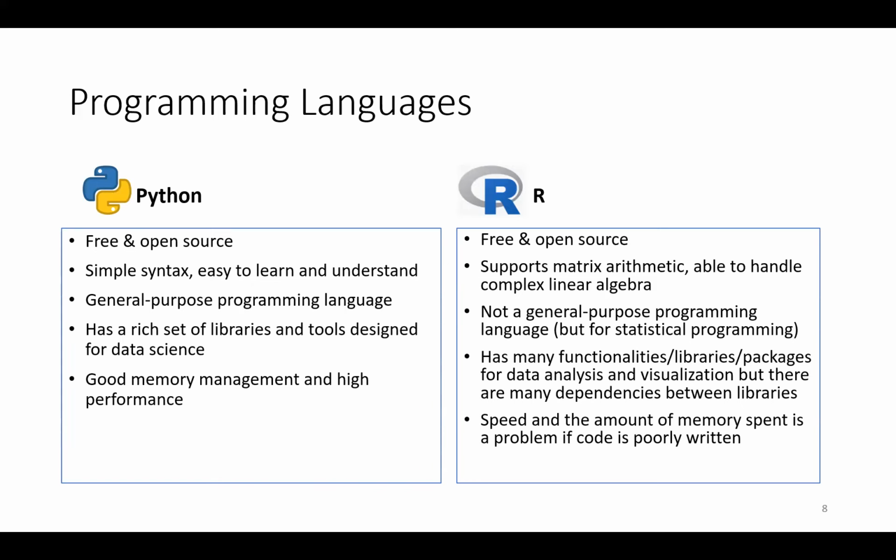Now, basically in the data science field, there are two camps. One group will use Python, the programming language. This group more or less is from the computer science field.